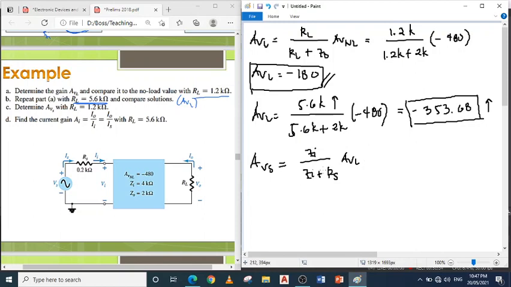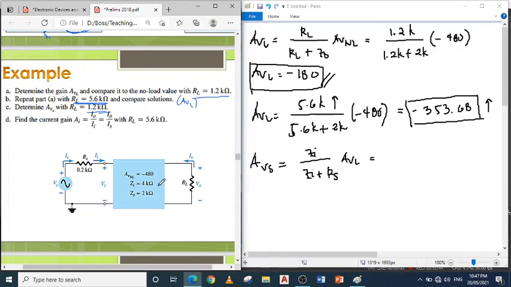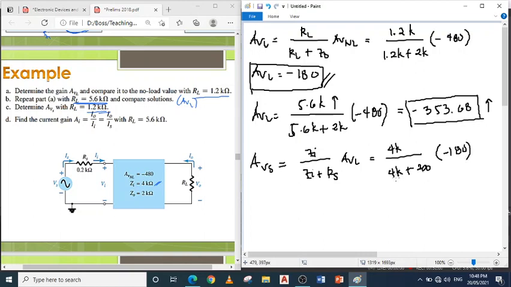Okay? Pero take note, ang sinabi is 1.2 kilo ohms. So ang ZI natin is ito, 4K. 4K divided by 4 kilo plus, okay, ang 0.2 kilo ohms ay 200 ohms times negative 180.